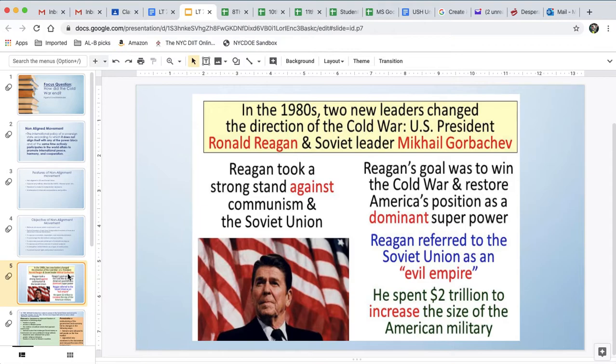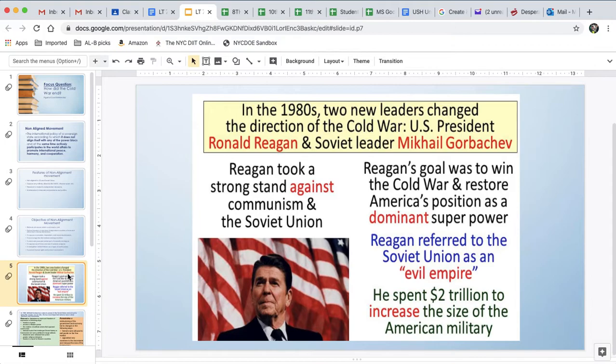They're not making a lot of money, and they're not advancing technologically the way the United States is. The United States refers to the Soviet Union as the evil empire, and the way they try to combat the Soviet Union is by increasing their spending and the size of the military at the time. We're talking about the army increasing in size, the Navy.